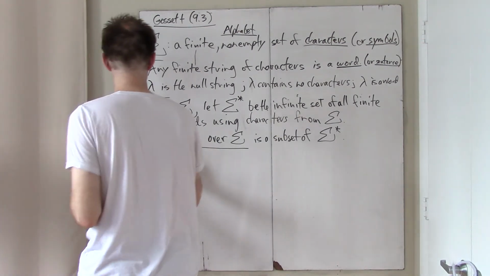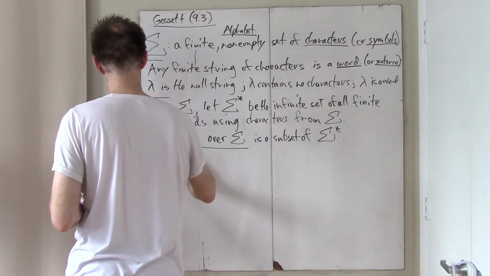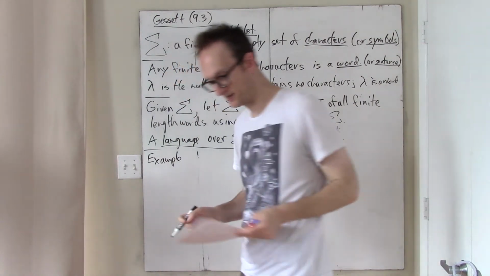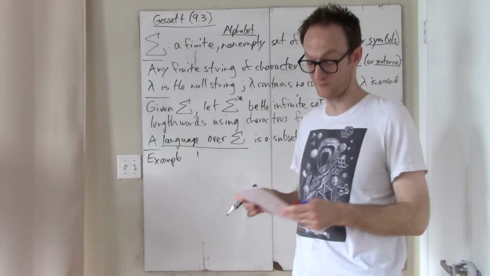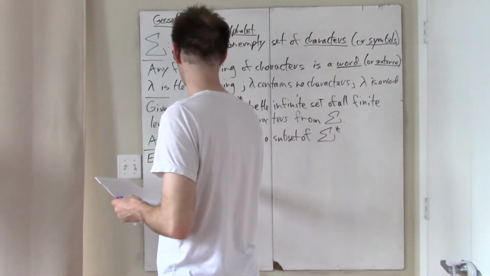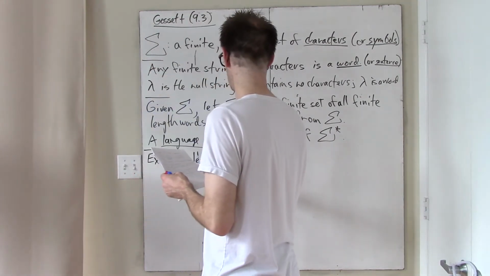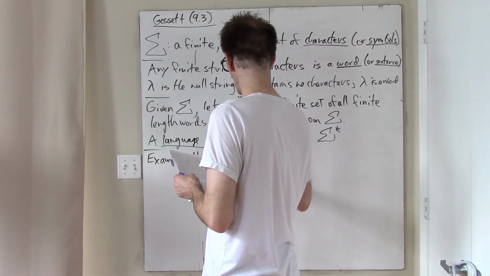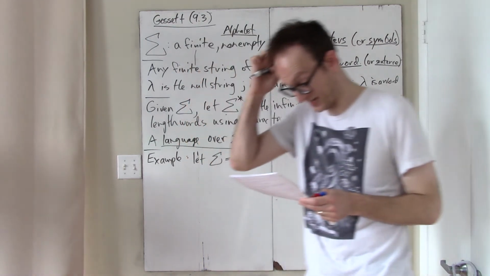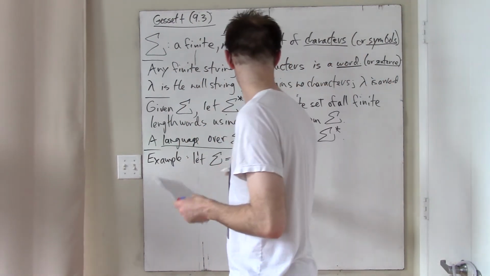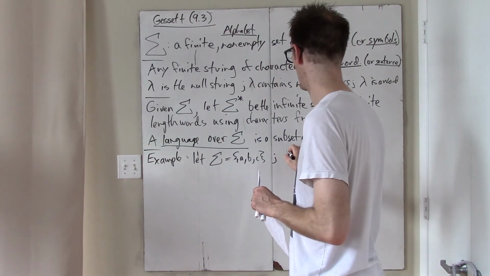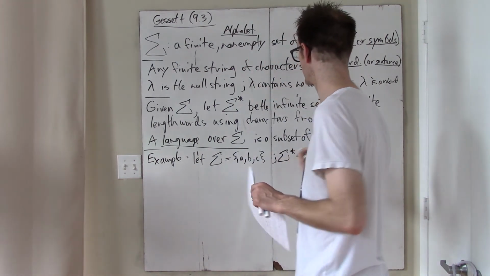Let's do an example that's more in the line of the theoretical examples we're going to be doing for the rest of this unit. I will introduce some alphabet. Let sigma be {A, B, C}, just these 3 characters. So what is sigma star?